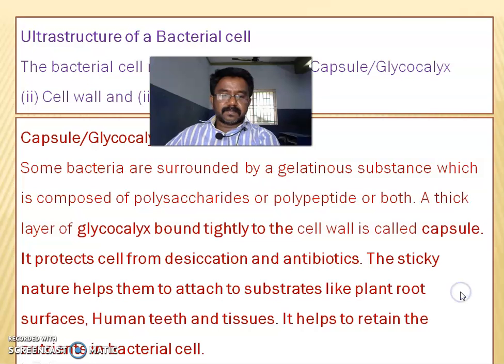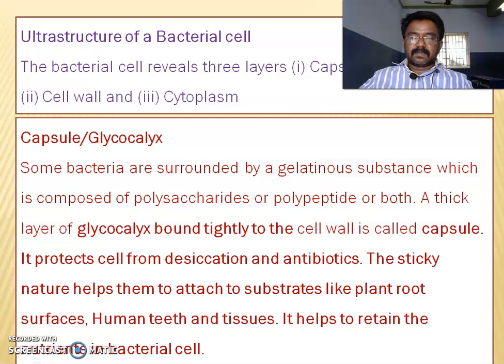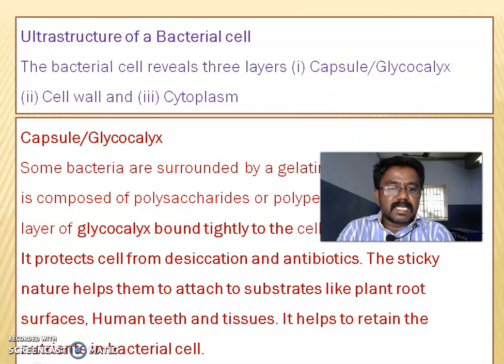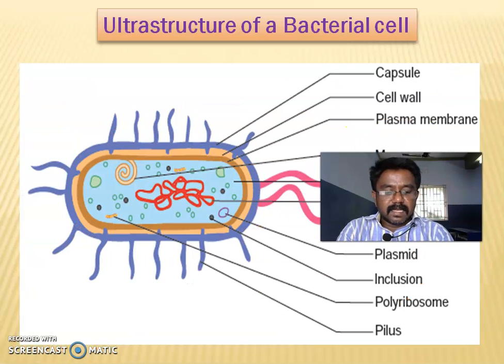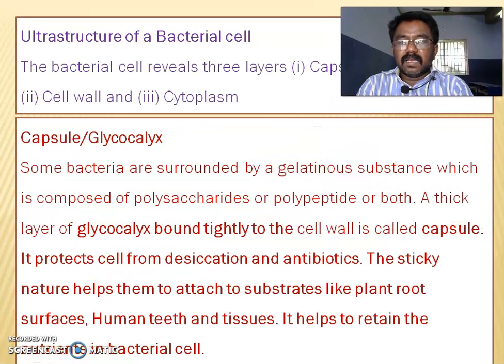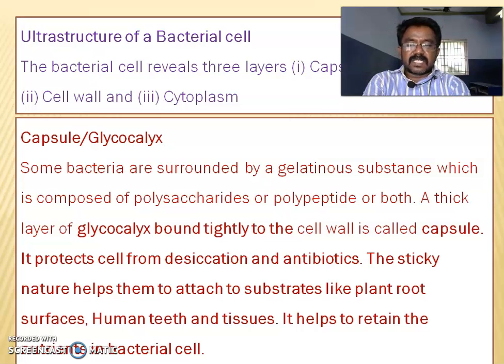Next, the ultrastructure of the bacterial cell. The bacterial cell reveals three layers: capsule or slime layer, cell wall, and cytoplasm. First, capsule. Some bacteria are surrounded by a gelatinous substance composed of polysaccharides or polypeptides or both.